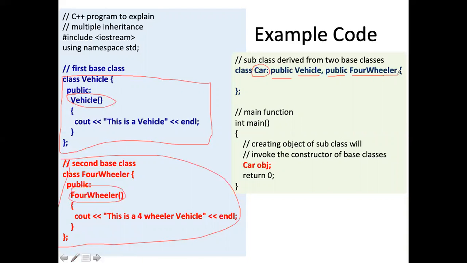Okay, so these are the two base classes that provide access to the derived class, which is car in this case. So car is actually inheriting all the functions that are present in vehicle and all the functions that are present in four-wheeler. And this is public inheritance. That means everything is accessible by a car, right? And all these functions can also be accessed from the main program also.